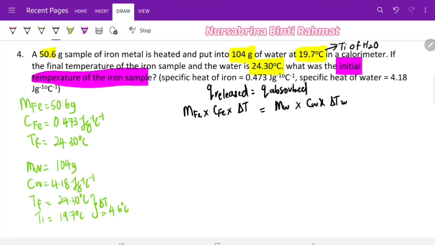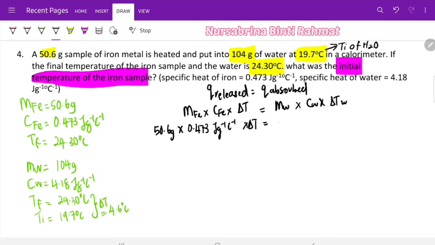Okay, so let's substitute the information into the formula. So 50.6 gram multiplied by 0.473 joule per gram per Celsius times delta T. Like I told you before, I'm going to solve for delta T, so that later on I'm going to add the change in temperature to the final temperature to get the initial temperature of my iron.